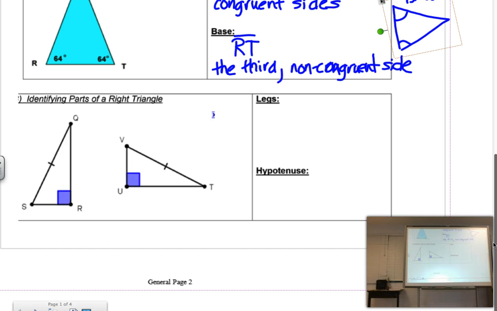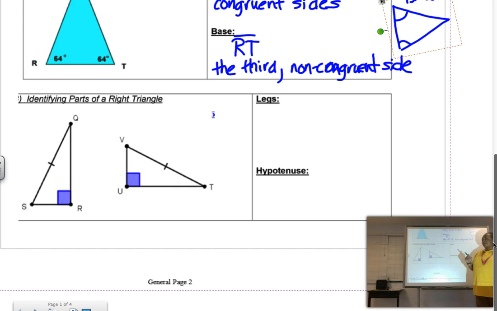Anybody else see the legs of the right triangle? Okay, I'm going to tell you it's not QS. We're identifying the one on the left. Okay, do you want to guess?